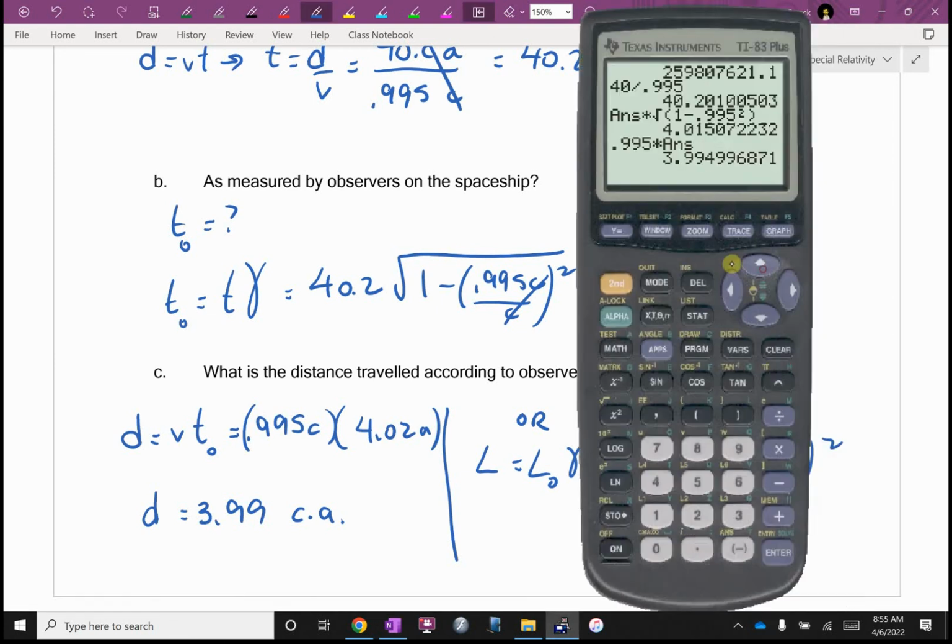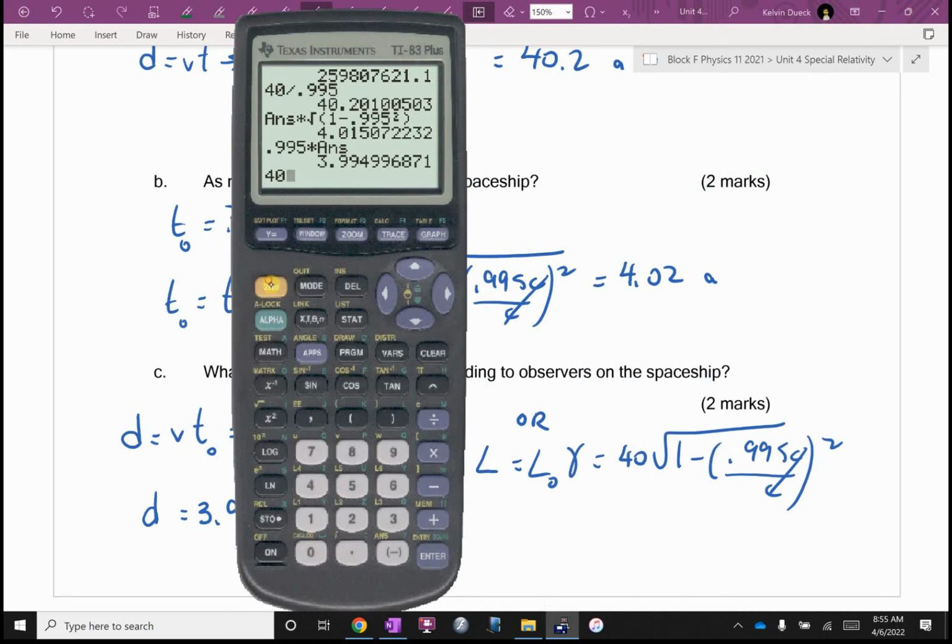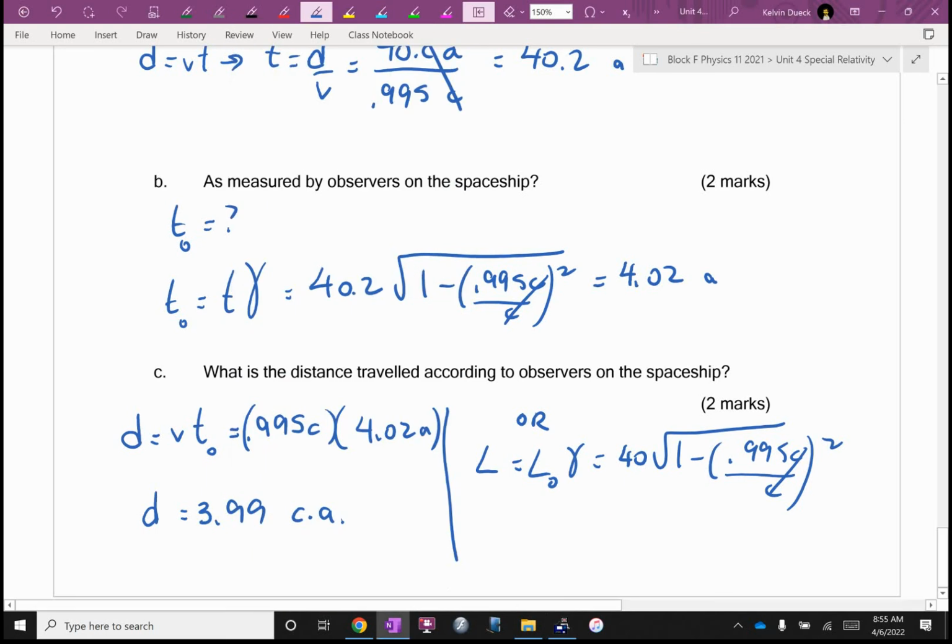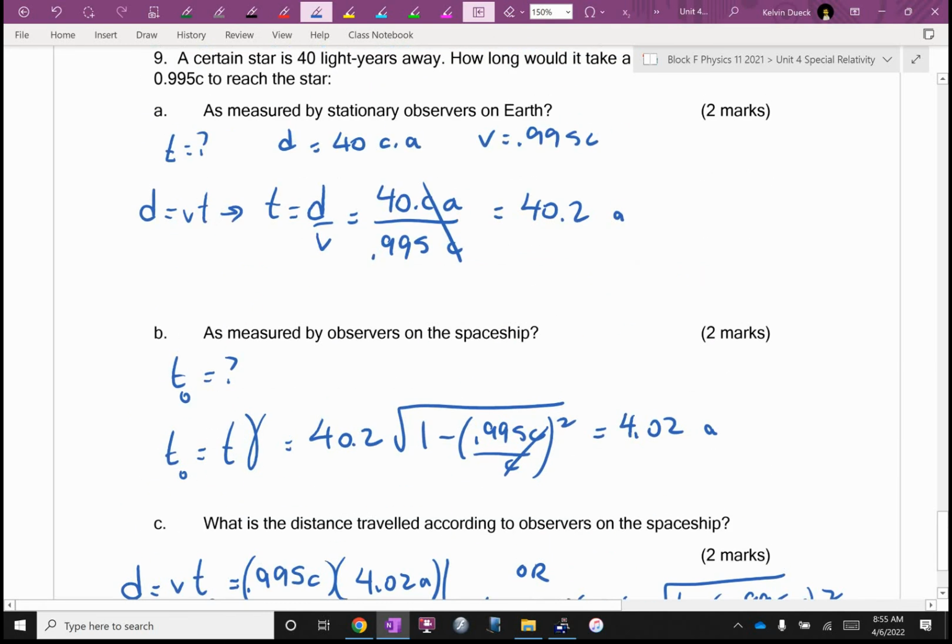If you go 40 times the square root of 1 minus 0.995 squared, you get exactly the same answer, 3.994996871. So you also get 3.99 light years. Either of those is fine. Okay?